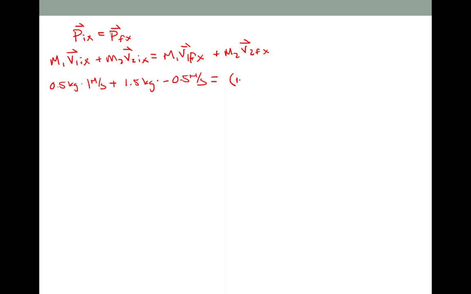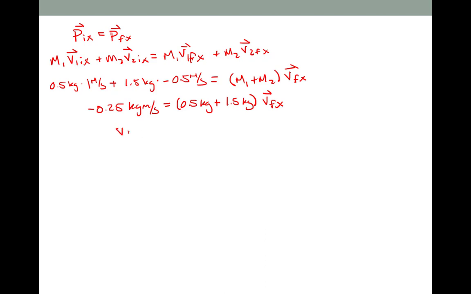And that has to equal m1 plus m2 times v final x, because they have the same final velocity, I can factor it out. So negative 0.25 kilogram meters per second equals 0.5 kilograms plus 1.5 kilograms times v final x.